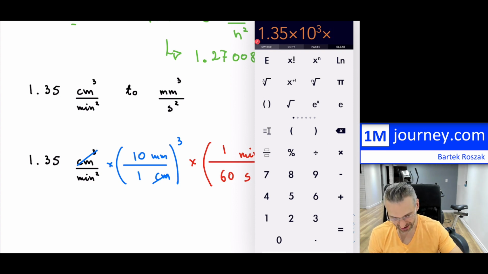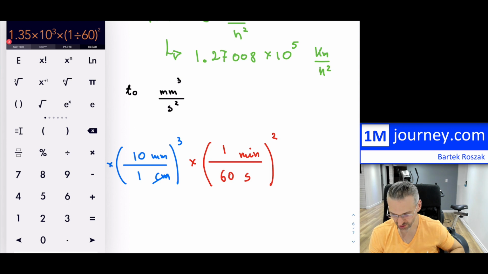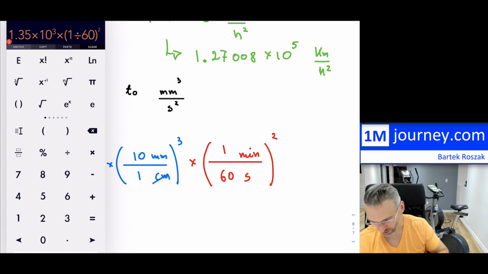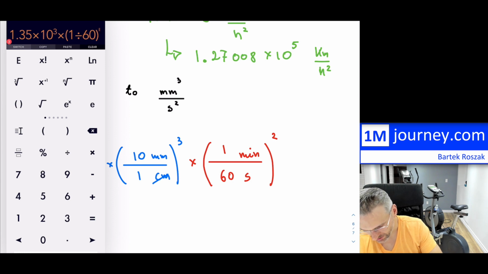Now the last one I will put in brackets because it's 1 over 60. It's much easier to put it in brackets, and this one is squared. So that we have our squared over there. That's what we would have for this one. All right, so let's actually hold on a moment. There we go.